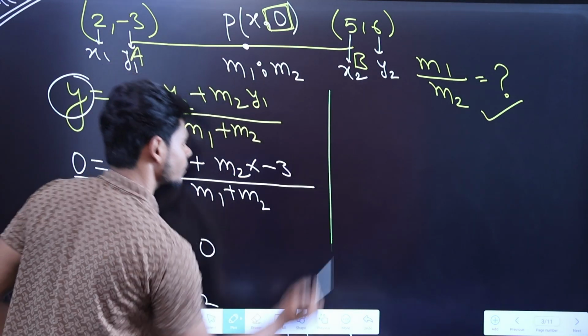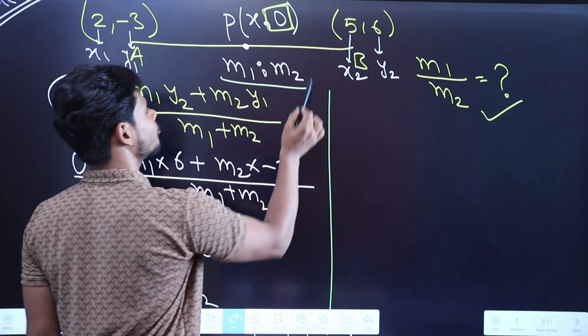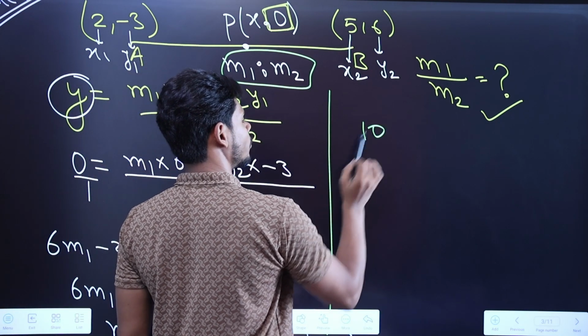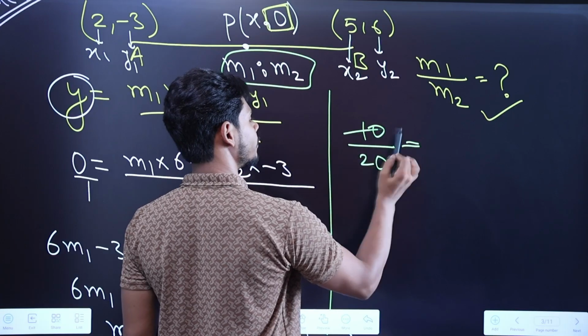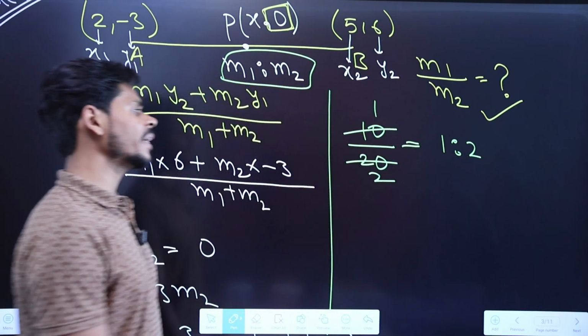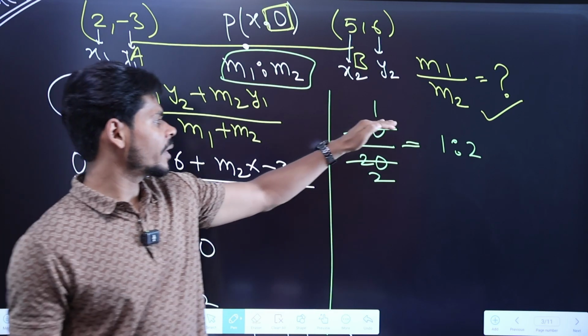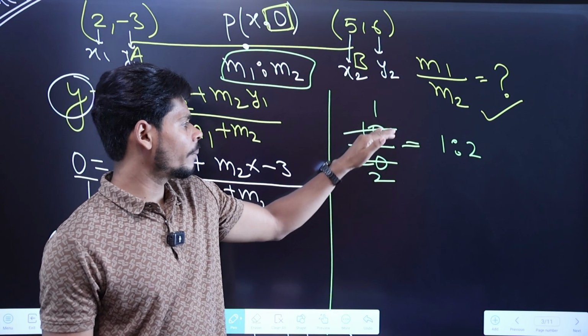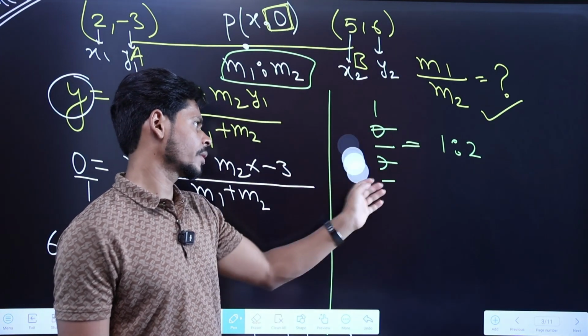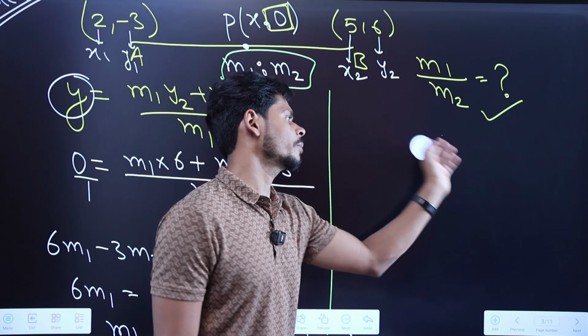If I say this is 10 upon 20, you can cancel by 10 to get 1 upon 2, so it is 1:2. It means you can divide numerator and denominator by the same number, any number, but it must be the same for the numerator and the denominator.